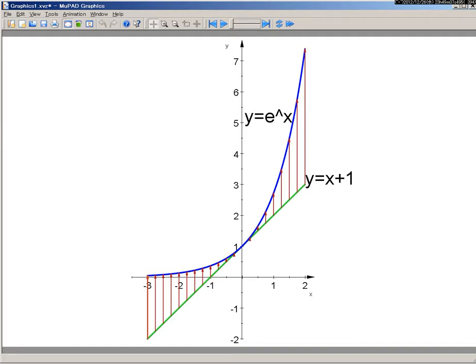And these gray vectors are the differences between exponential x and y equals x plus 1, and we are going to align the start point of these vectors along the x-axis.